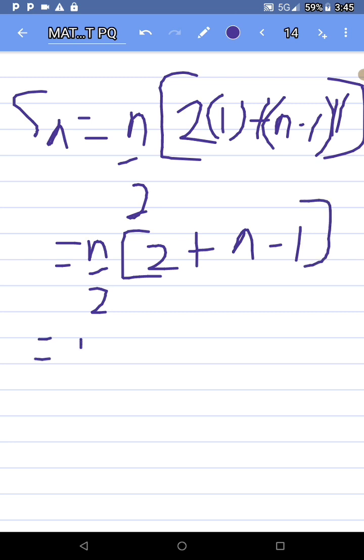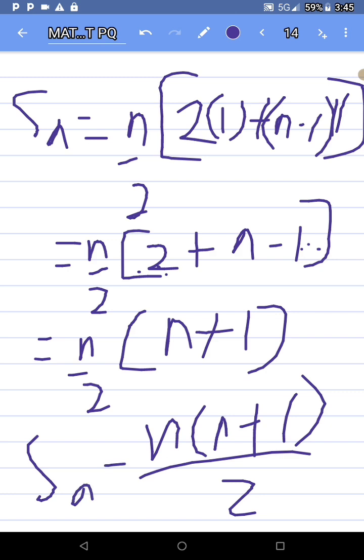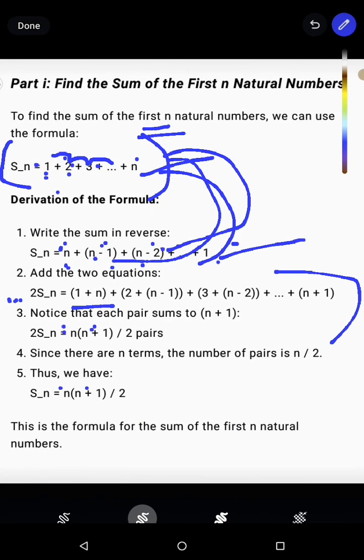Close the bracket. That will be n over 2 into bracket 2 plus n minus 1, and 2 minus 1 is 1, so I get n plus 1. That will be n into bracket n plus 1 all over 2. And that's the sum of n we have. Both ways, we get the same thing.